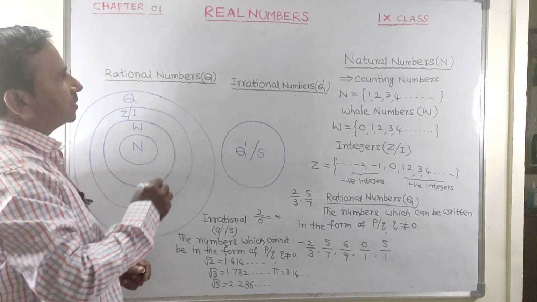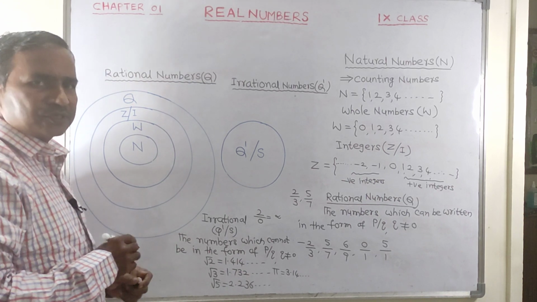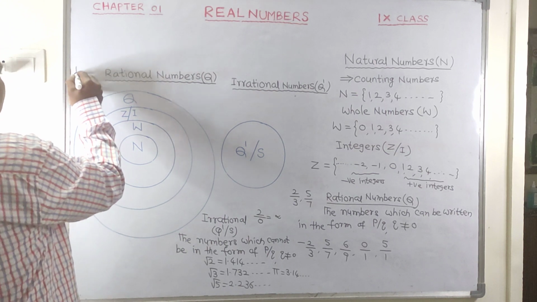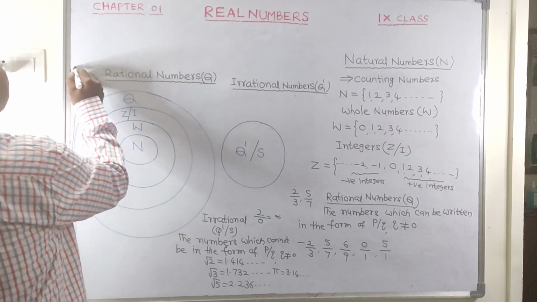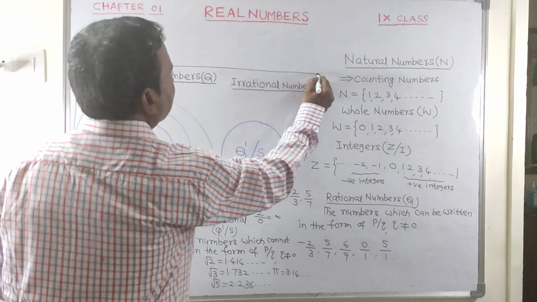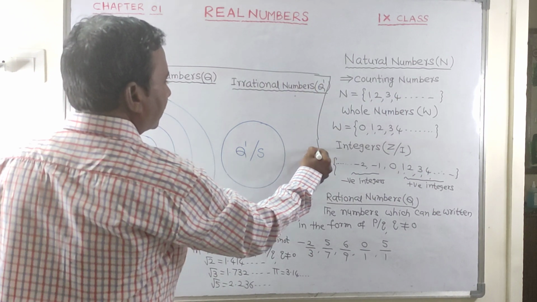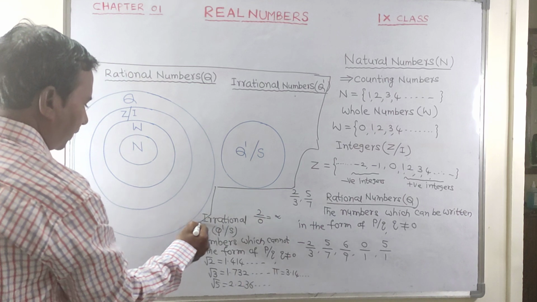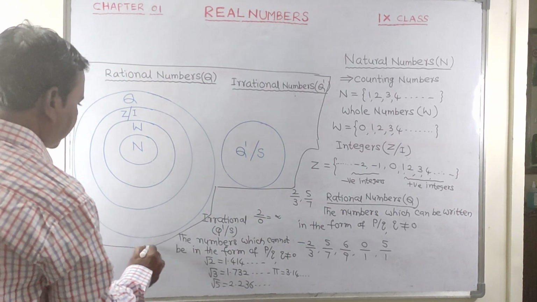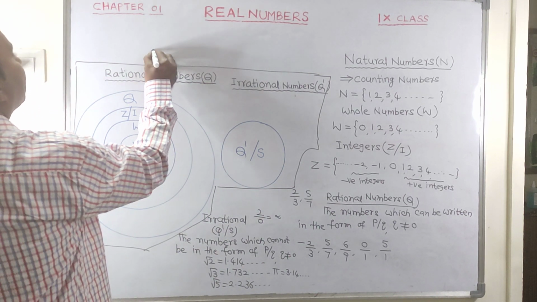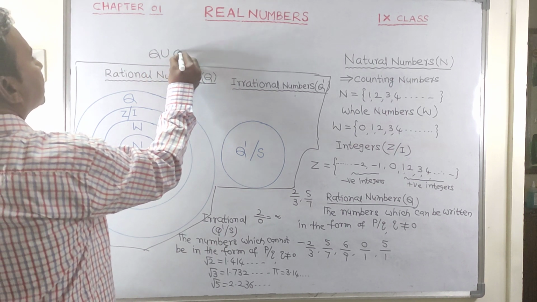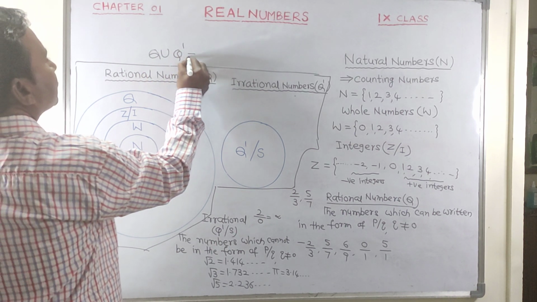Now what about our chapter name, real numbers? It means the set of numbers which contains both rational and irrational, means rational numbers Q and irrational numbers Q dash.